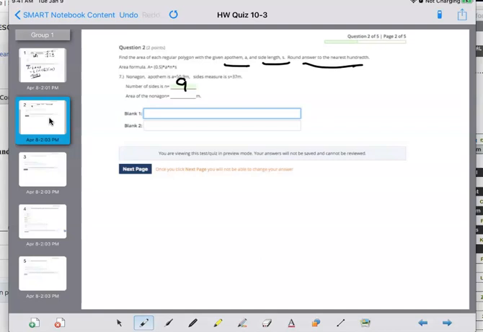The area of a nonagon, well, I have been provided all the information I need. I'm using this formula where A is my apothem, the distance from the midpoint of a side to the center of my polygon, and they told me it was 50.9.